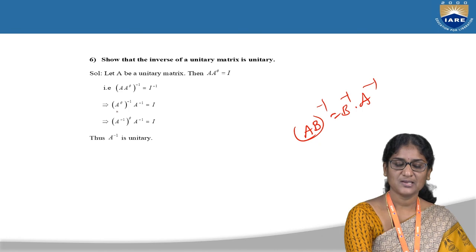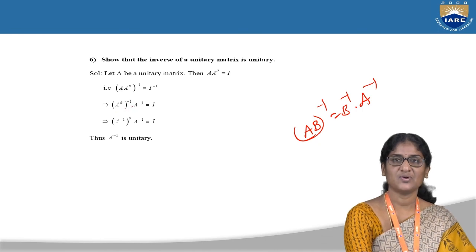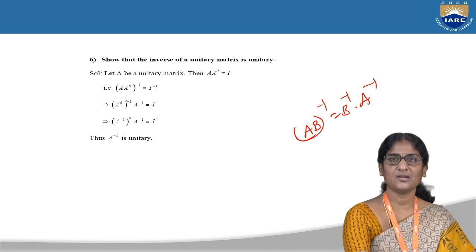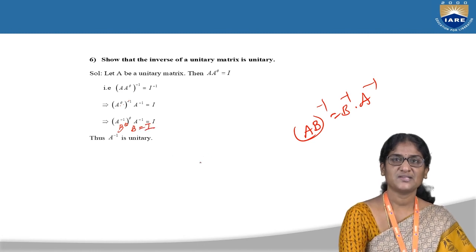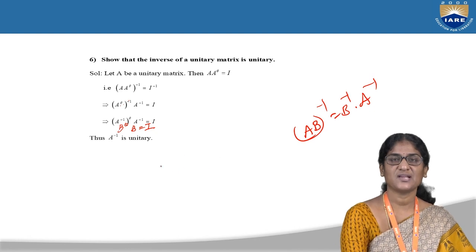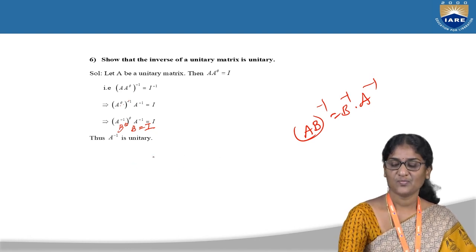So you can write (A to the power of theta) whole inverse into A inverse is equal to I. Now inverse and conjugate transpose operations can be interchanged. You can say (A inverse) whole theta into A inverse is equal to I. Suppose this is B, that means I am showing that B to the power of theta into B is equal to I. That means B is a unitary matrix. What is B? B is nothing but A inverse. Therefore, you can say that A inverse is a unitary matrix.